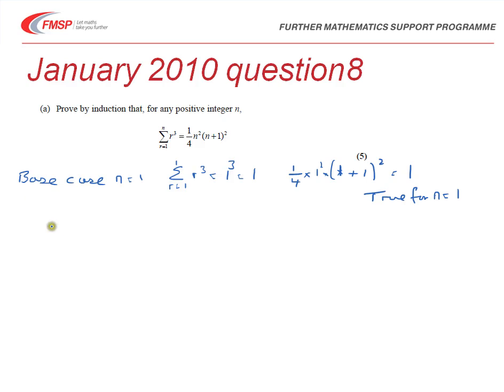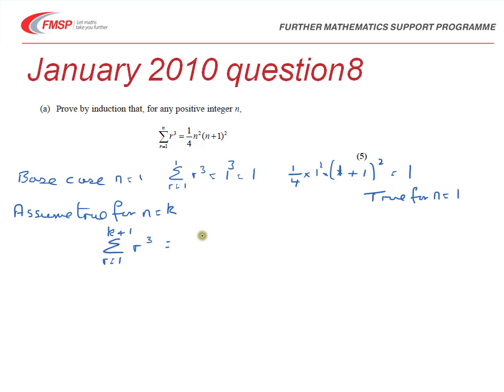We then assume that it is true for n equal to k. And then we need to look at the formula for the sum from r equal to 1 up to k plus 1 of r cubed.